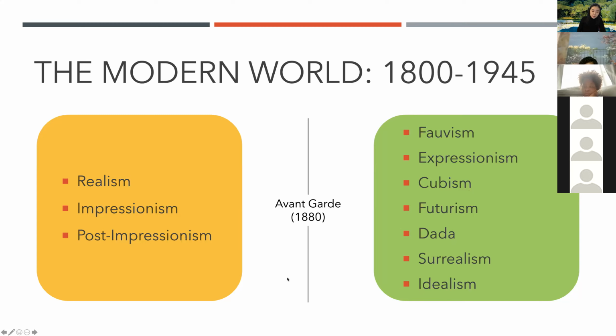Today, we are going to see the art movements before the avant-garde: realism, impressionism, and post-impressionism. So let's see realism first.